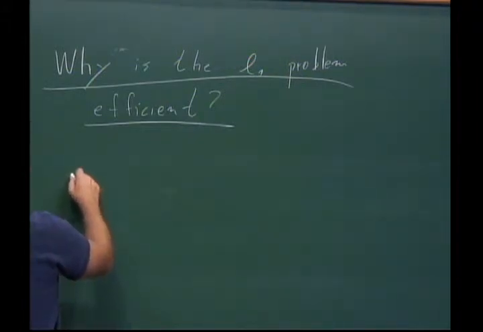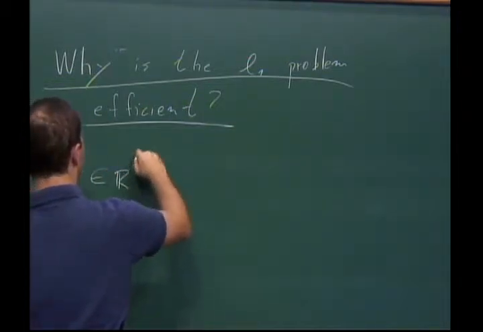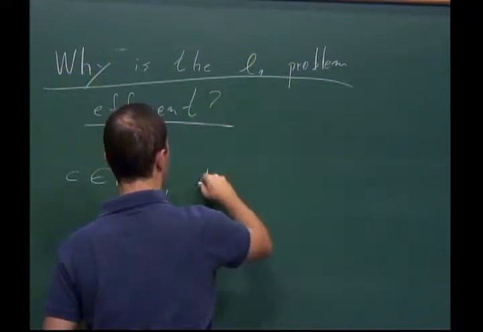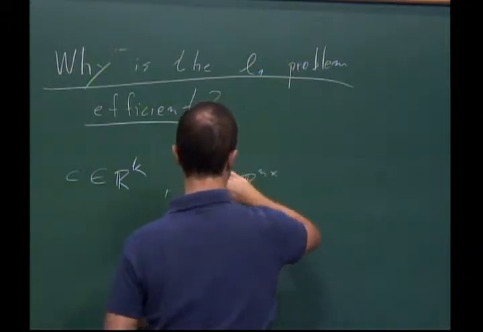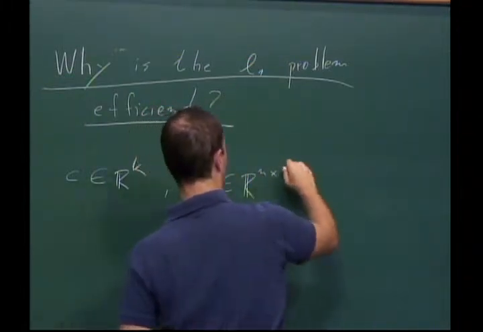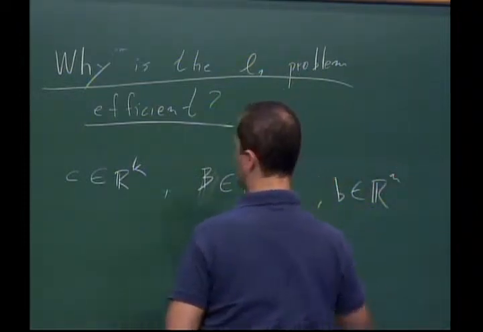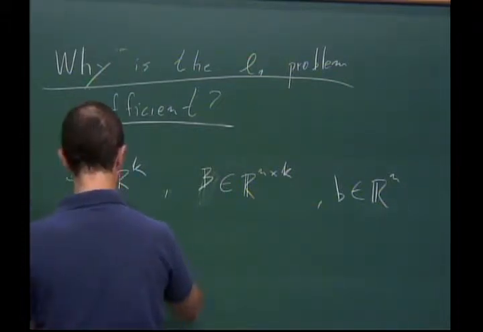So let's say you're given a vector c in R^k. You're given a matrix B in R^{n times k}, and a vector b in R^n, and a linear program would be something like this.